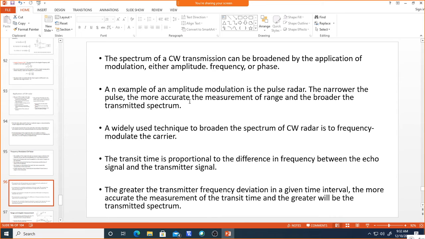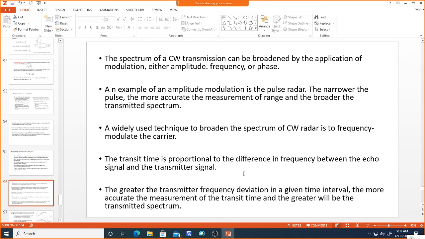Now, in the continuous wave radar, to widen the spectrum or bandwidth, we use frequency modulation, and based on this frequency modulation we can widen the bandwidth or spectrum. The transit time we measure is proportional to the difference in frequency between the echo signal and the transmitted signal, the reference signal.